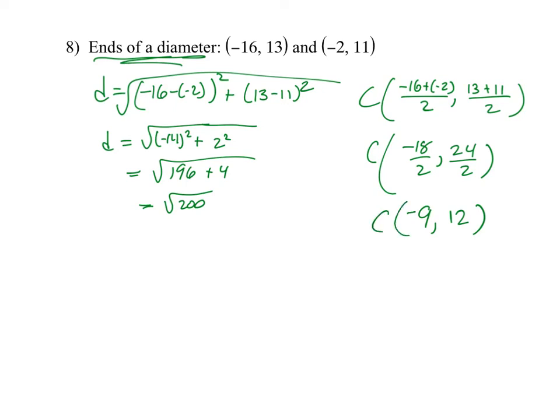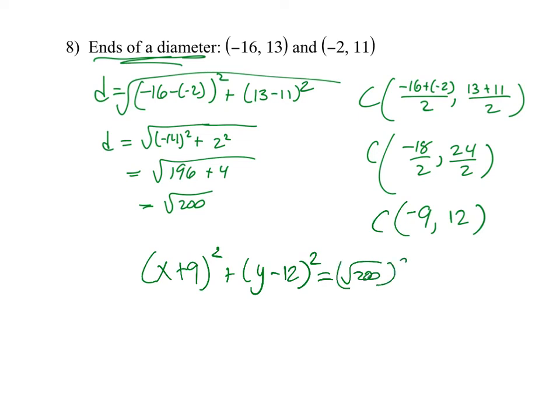That's the center. So my equation is going to be x plus 9 squared plus y minus 12 squared equals the square root of 200 squared, so that means it's x plus 9 squared plus y minus 12 squared equals 200.